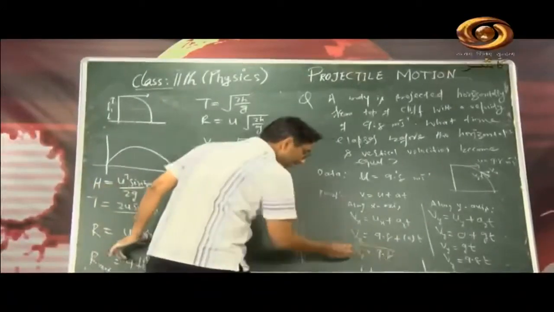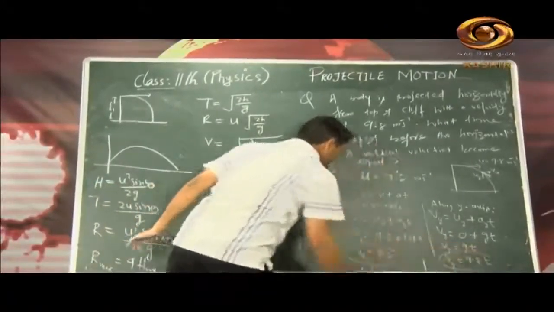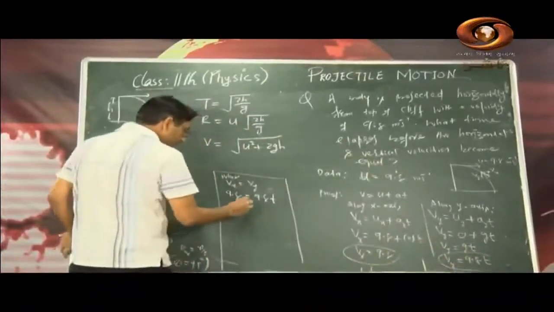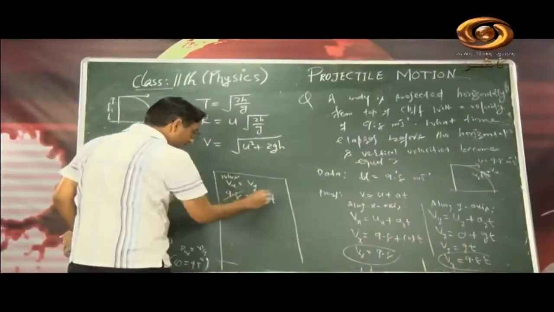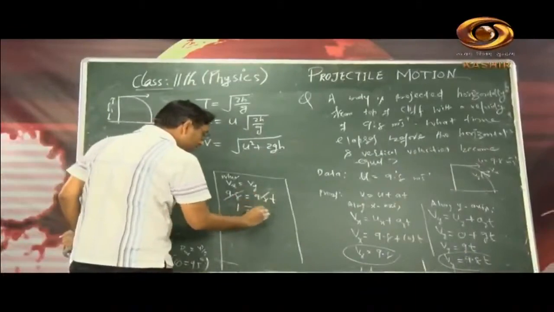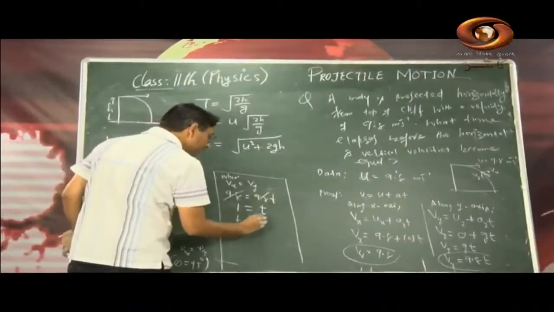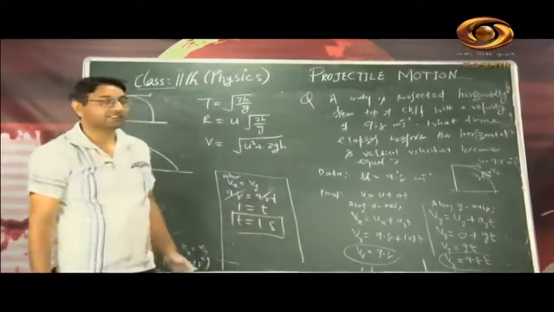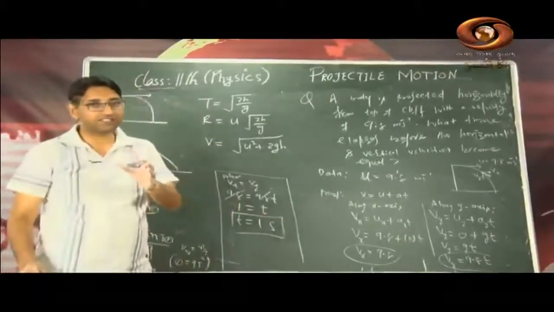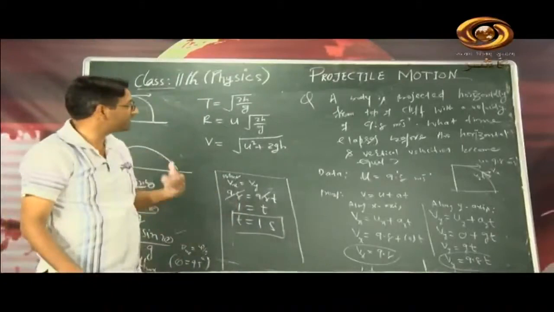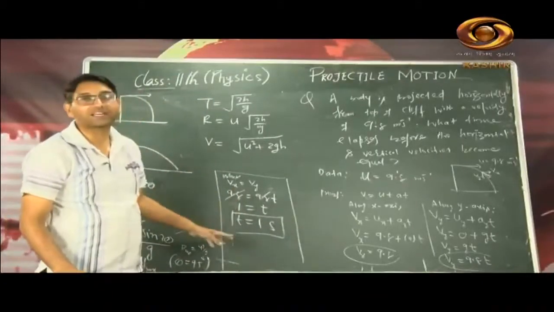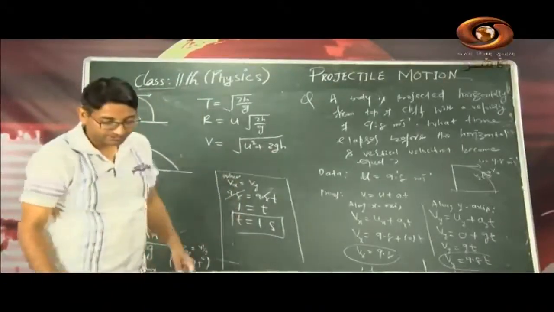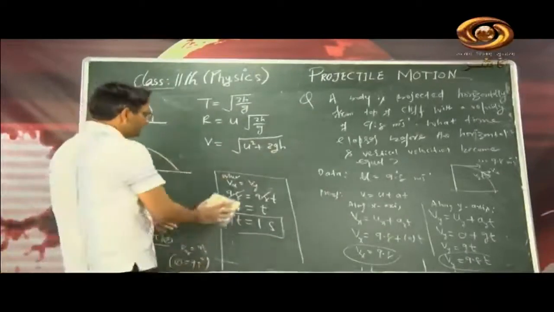The 9.8 will cancel out, so 1 is equal to t, so t is equal to 1 second. So it is after 1 second that the projectile has equal vertical and horizontal velocity components. I will wrap it up and go to the next problem.